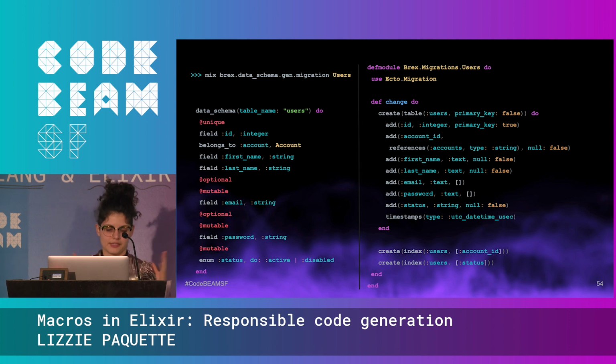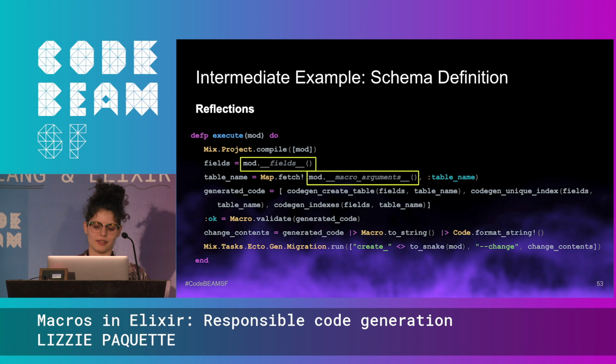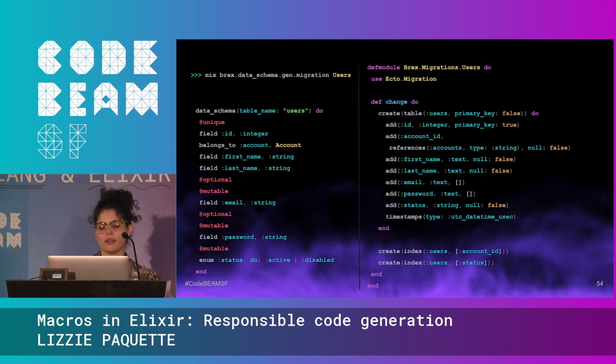If you have this data schema on the left-hand side, then if you ran this mix task that we made above, which is some of this code, then it would automatically generate the migration, and it would also create some of the indexes that we sort of knew you would need. Like if there's a belongs to, you probably want an index on that field. So again, we're making opinionated tools, but tools that hopefully really help the developer increase their speed and velocity.